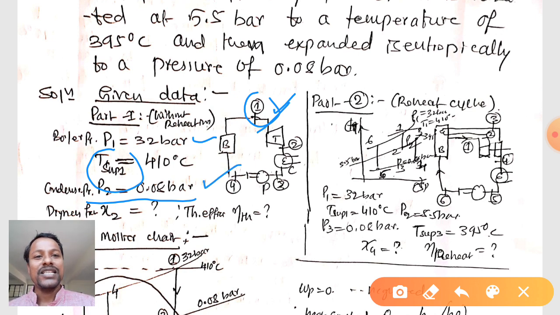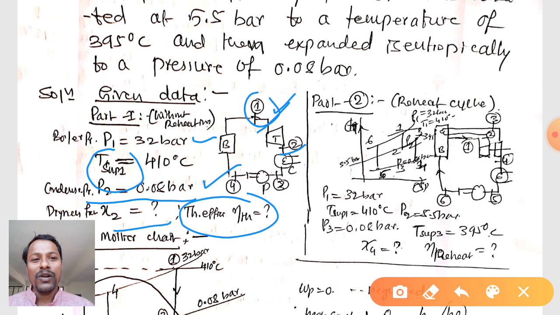Then he has asked us to calculate the dryness fraction, that is x2, at the turbine outlet, so x2 is equal to question mark, and also the thermal efficiency of this cycle. The first part is just a simple Rankine cycle problem. So let us solve the first part first, then go ahead with the second part.